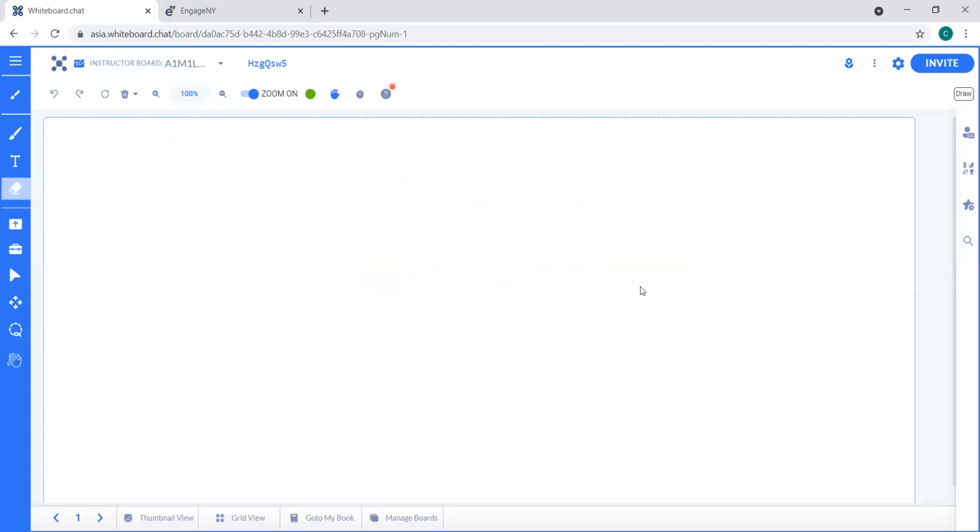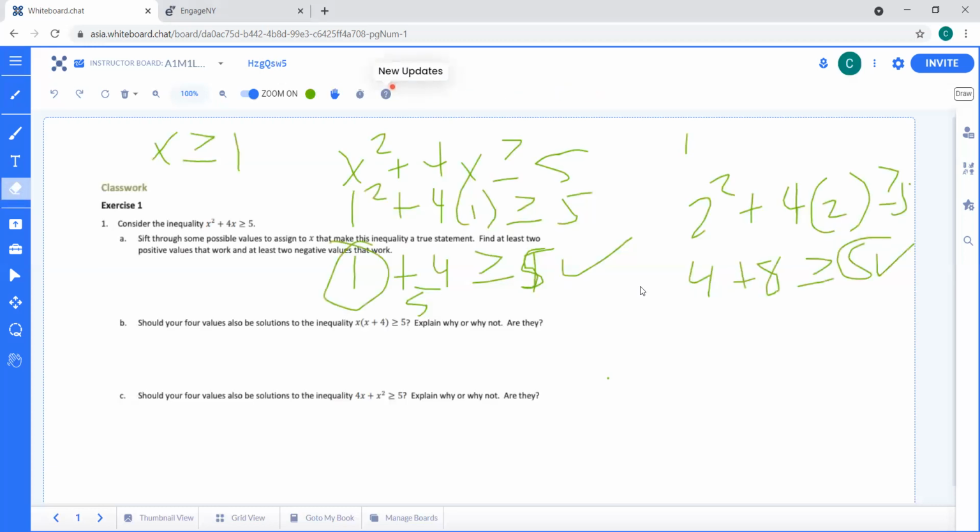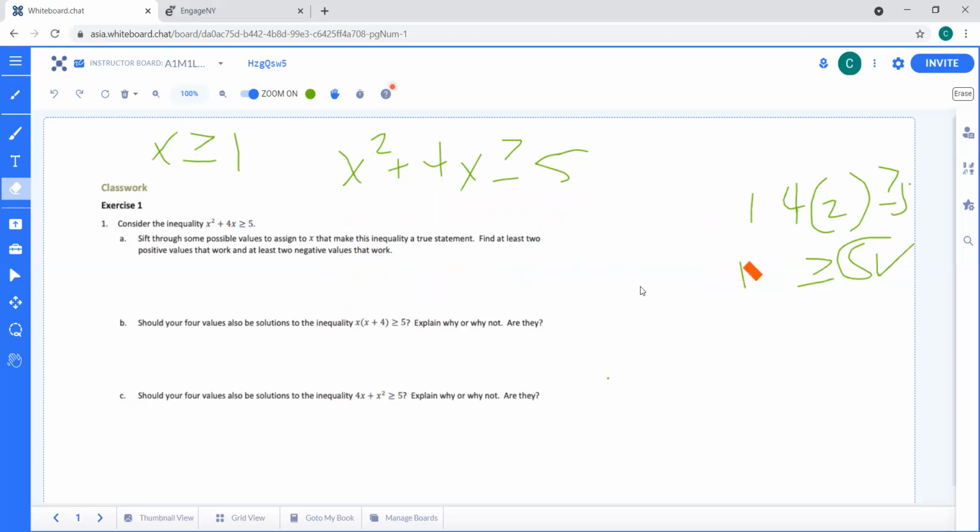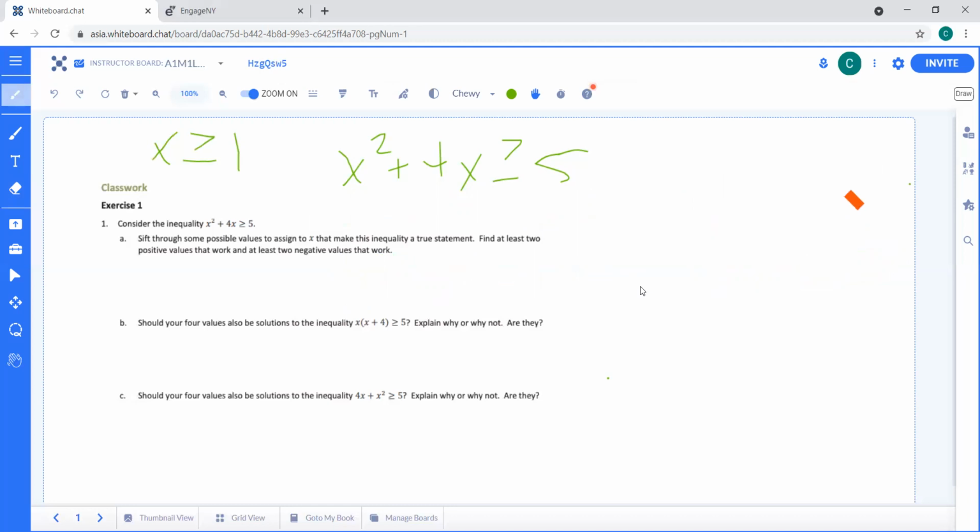All right, let's find another one. Okay. This is our equation. Oh, sorry, it's supposed to be an eraser. There we go. Now, let's talk about wanting to find positive and negative. Well, there's our positive. Let's think about some negative terms.